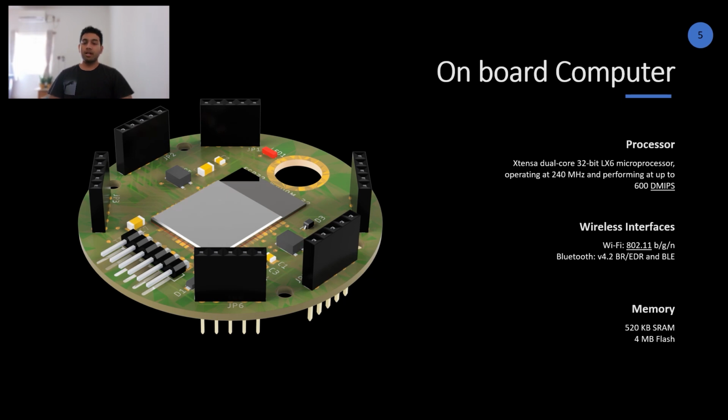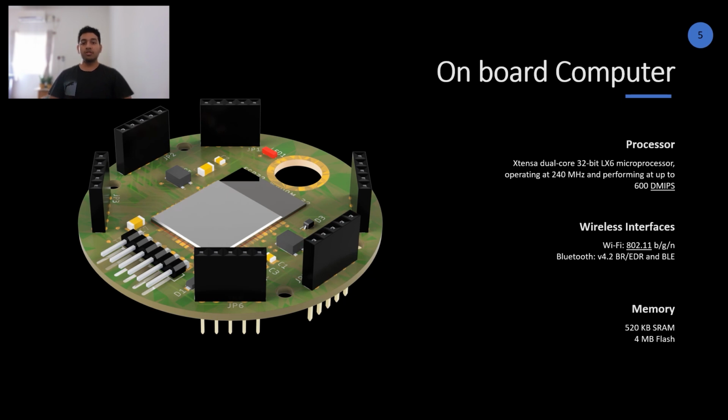Now, while designing the onboard computer, we have taken into account that someone might want to implement a real-time operating system, might want to implement some very complicated algorithms on the onboard computer. So what we've done is we've chosen a microcontroller that is capable of handling a lot of instructions in a given time and runs at a very high frequency, so that you can run multiple instructions per second.